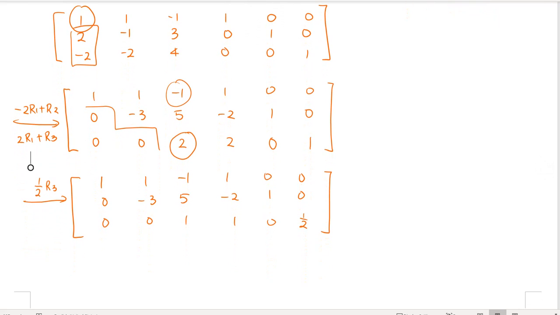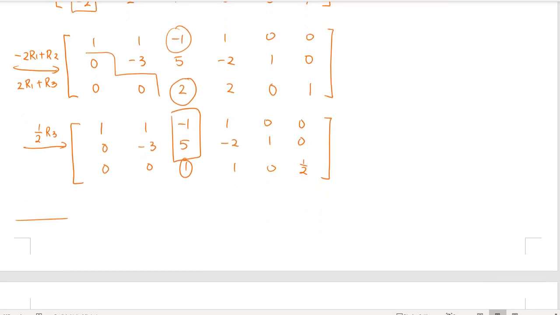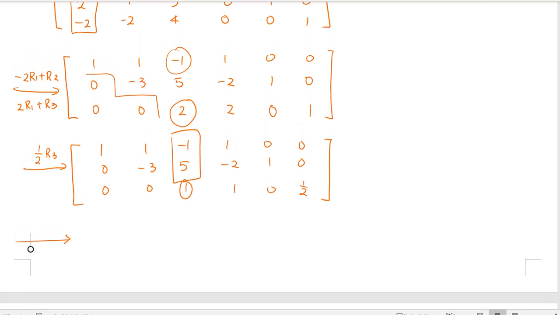Now after we get this 1, we want to use it to kill the entries above it. How do we kill the -1? We use row 3 added to row 1. -1 plus 1 is 0. 1 plus 1 is 2. 0 plus 0 is 0. 0 plus 1/2 is 1/2.